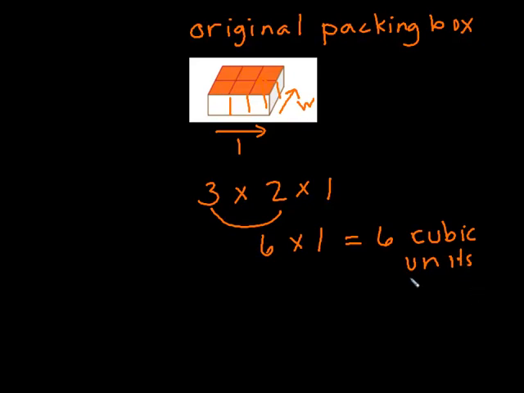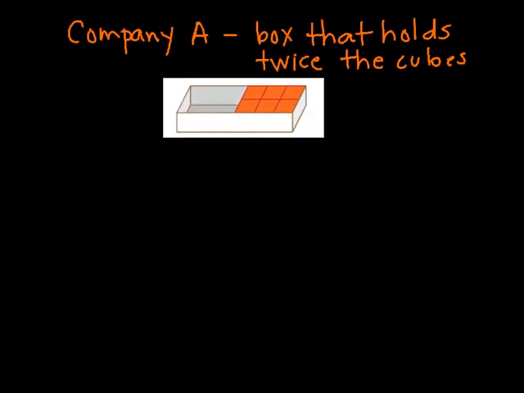So now the two companies that were originally using this packing box, they want to change their boxes up a little bit so that they can hold more, so it has more volume. So this is Company A. Company A wants to take the original and create a box that holds twice the cubes. So what that means is there's just going to be 2 times as many cubes as there was originally. So we said originally it was 6 cubic units, right?